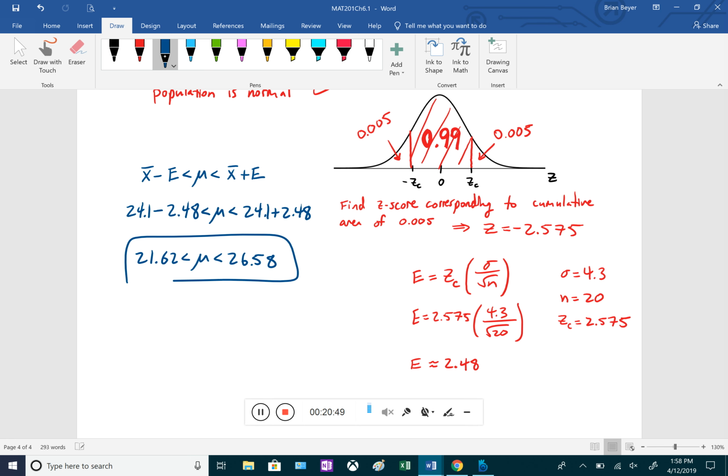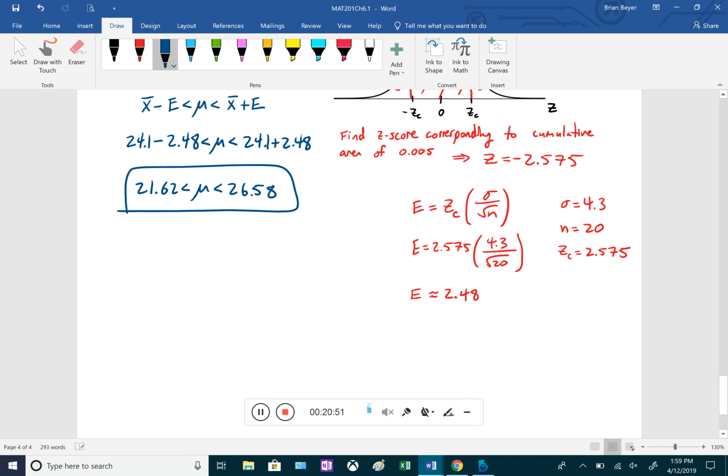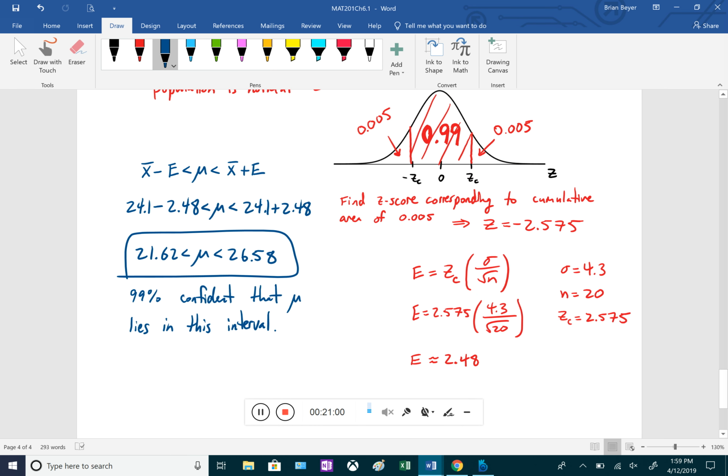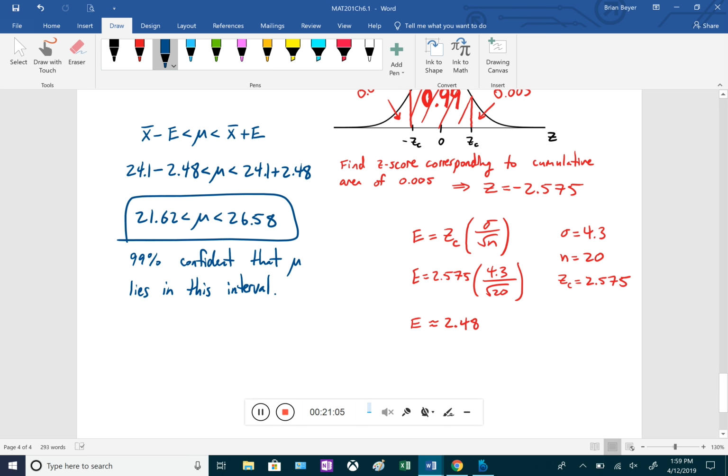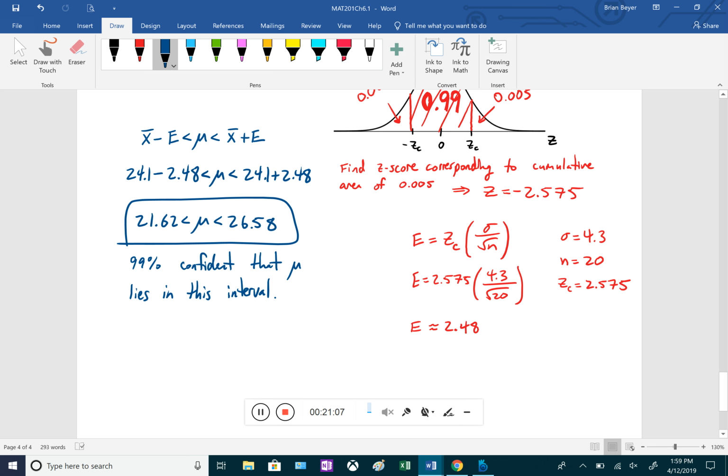What this means is that we are 99% confident that the population mean falls within this interval. Our original sample mean was 24.1, which should make sense because that lies within this interval. We said our population mean falls between 21.62 and 26.58 with 99% confidence.